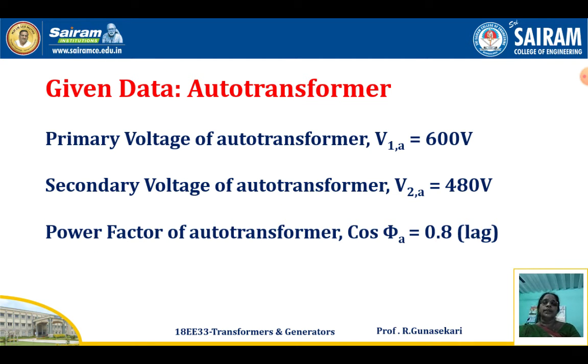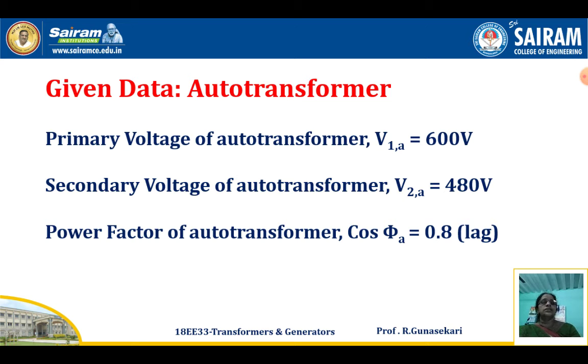Now the two winding transformer is operated as an auto transformer. So what is the given data in the problem? The primary voltage of the auto transformer, that is the supply voltage, is 600 volt, which is given in the problem. Then the secondary voltage of the auto transformer, that is the voltage taken from the auto transformer, is 480 volt.